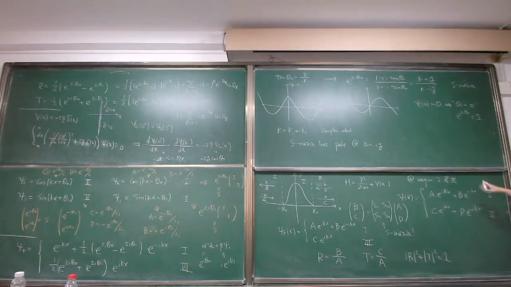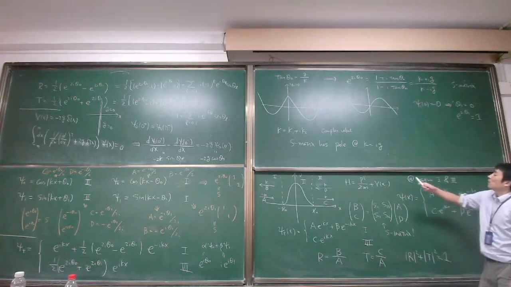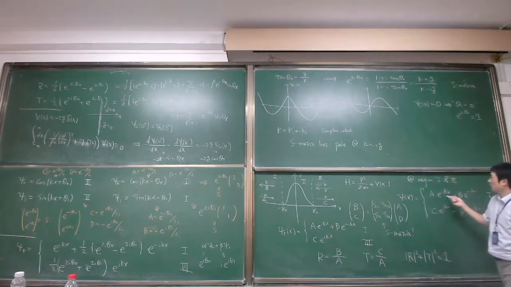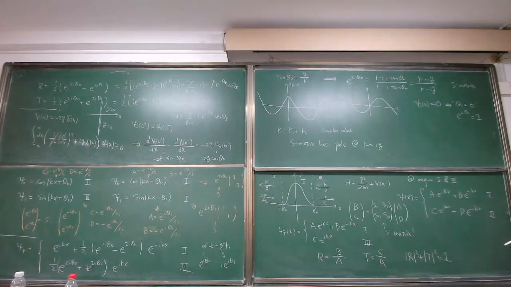Let's look at what it means. If you plug k equal to ig into here, this is minus g times x. However, region 1 is x less than minus x naught, and region 3 is x greater than x naught. So minus g times x, and x is negative.